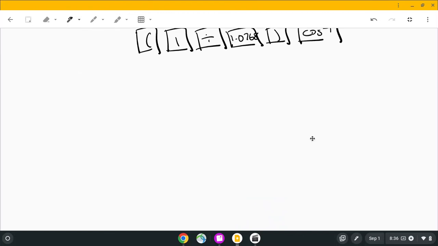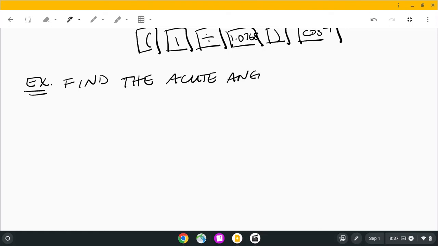All right, let's take a look at this one. Try this one on your own, and then check back. Find the acute angle C for which cotangent, again we don't have a cotangent button, equals 0.0975.